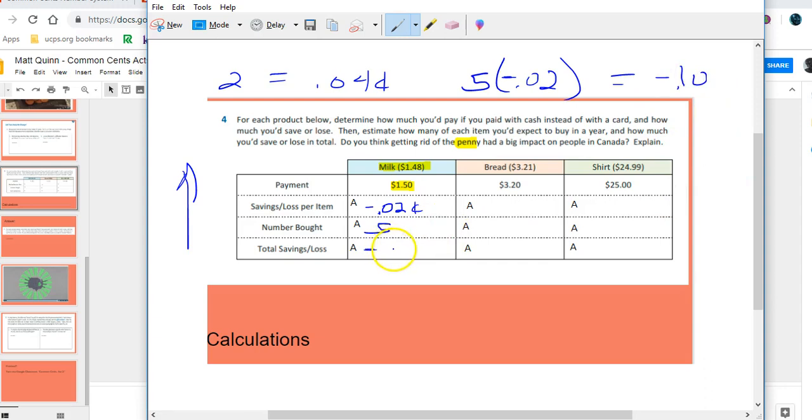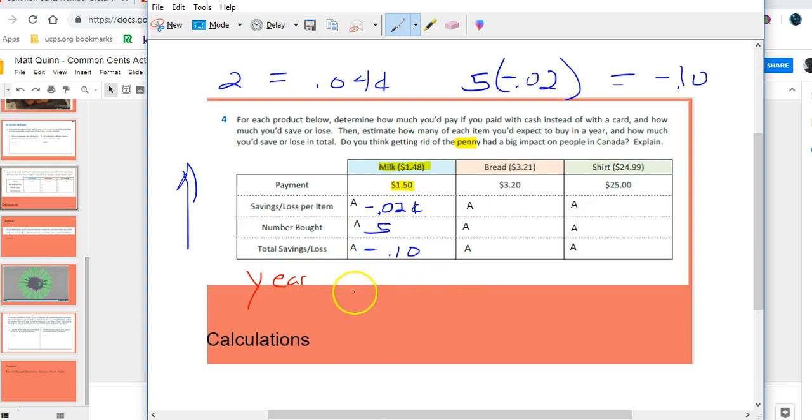For this assignment, what I want you to do is I want you to guesstimate. I'm going to change over to red. What you're going to do is you're going to figure out how many gallons of milk or half gallons of milk you would buy in a year.